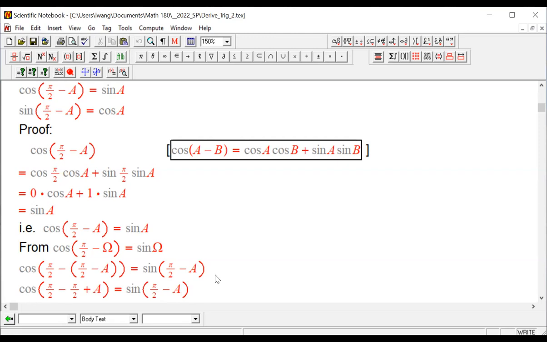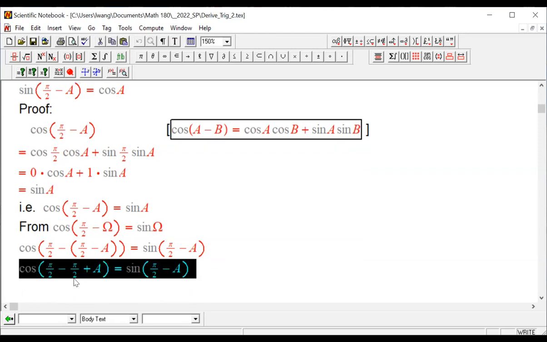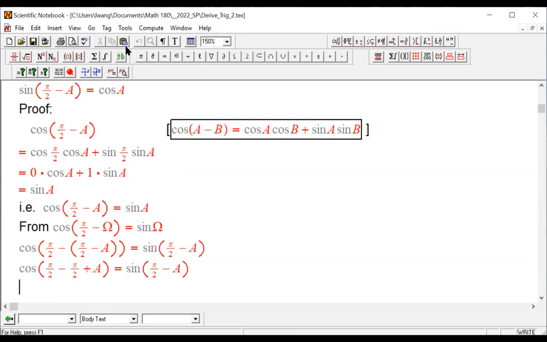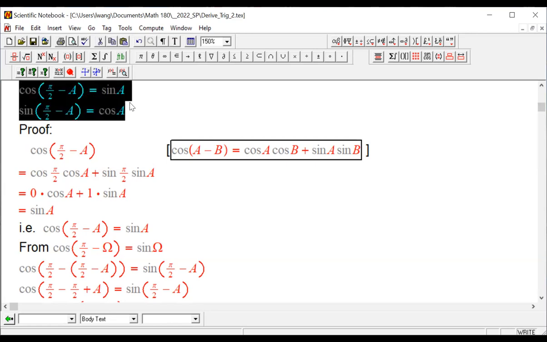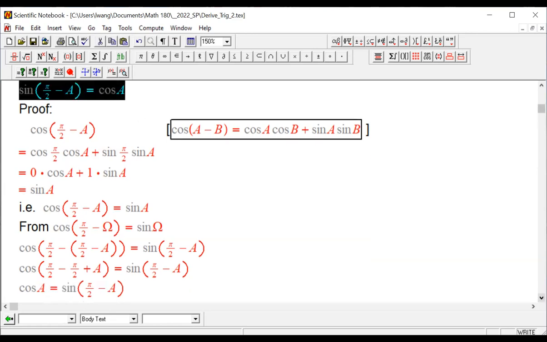And the left-hand side is going to be cosine of a, because pi over 2 minus pi over 2 makes 0. So cosine a is equal to sine of pi over 2 minus a. So that's these two identities we were just going to prove.